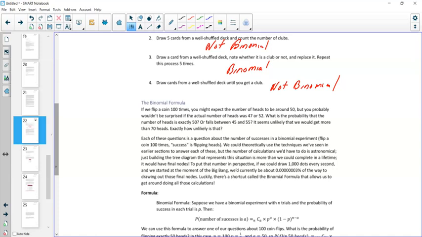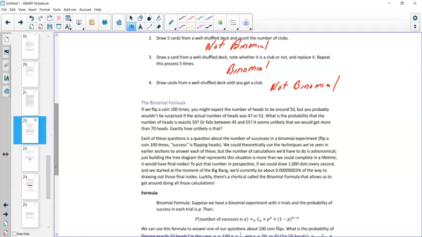Success is flipping heads. We could theoretically use the techniques we've seen in earlier sections to answer each of these, but the number of calculations we'd have to do is astronomical. Just building a tree diagram that represents this situation is more than we could complete in a lifetime.